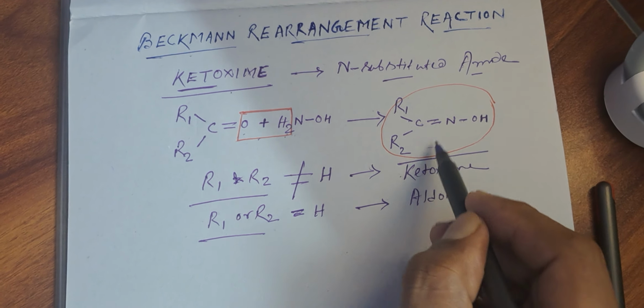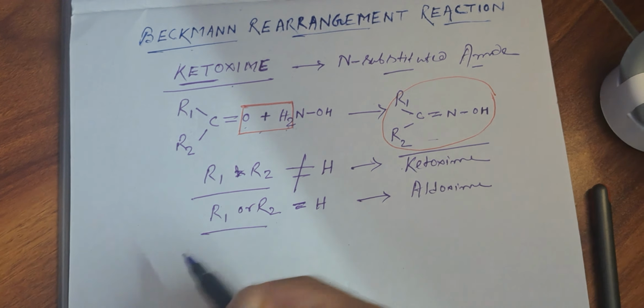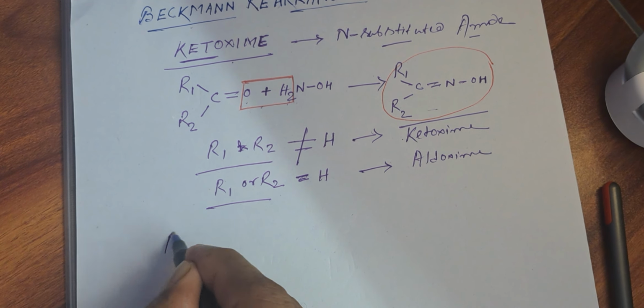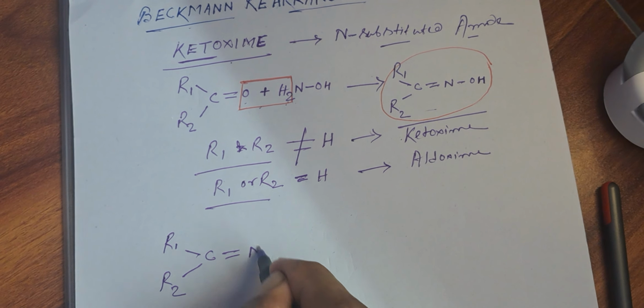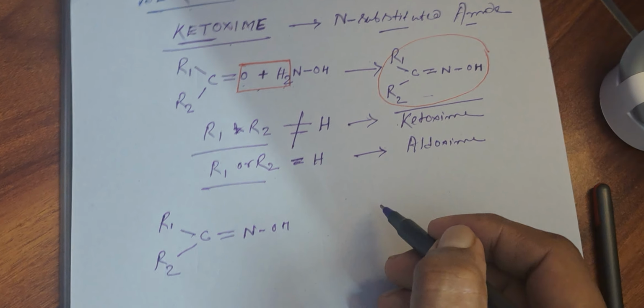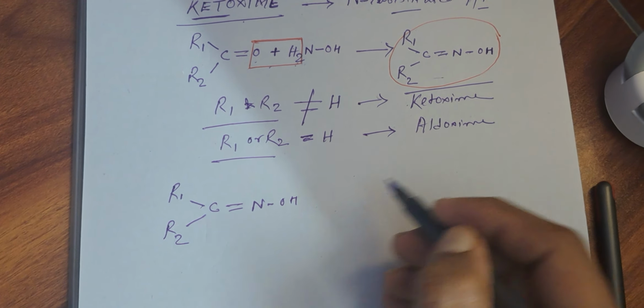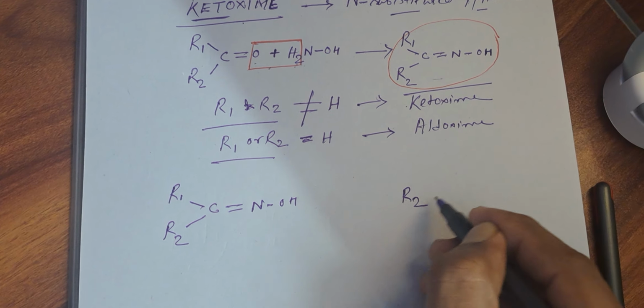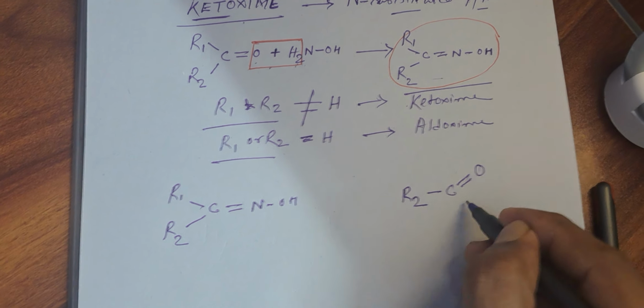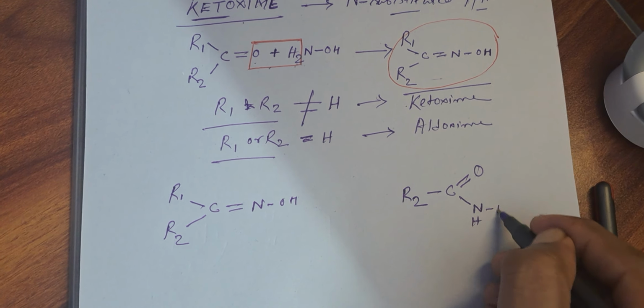That means no longer the oxime is there. Suppose we have taken this as a starting material. What am I supposed to get once the reaction is over? I just want to convert this into R2 C double bond O NH R1.